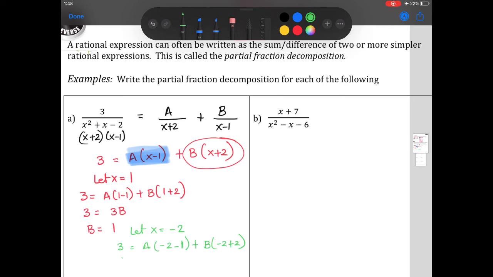Simplify this and I get 3 is equal to negative 3a plus 0, because the b term is 0. And I divide by negative 3 on both sides, I get a equals negative 1.